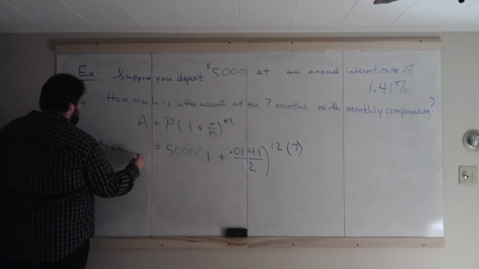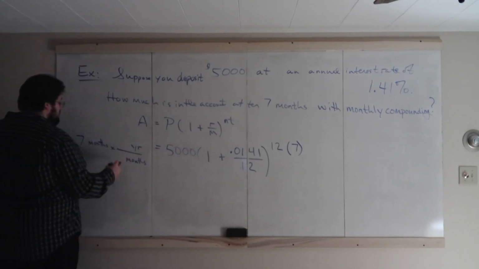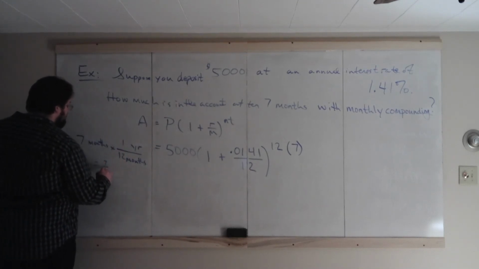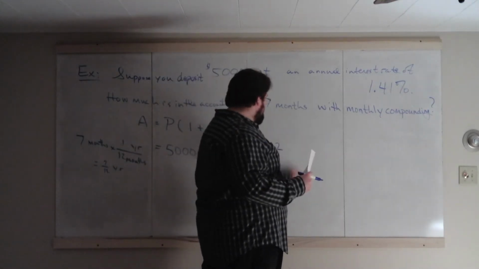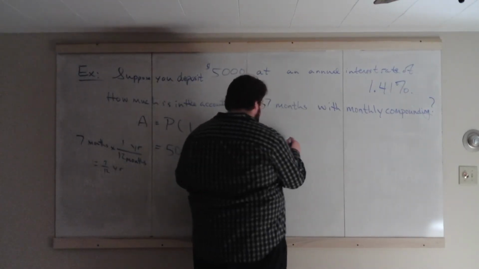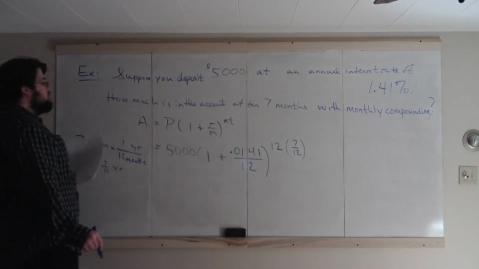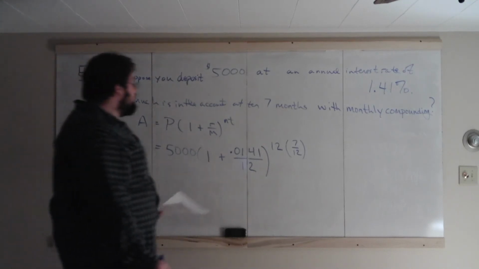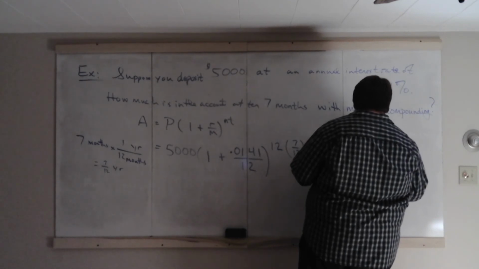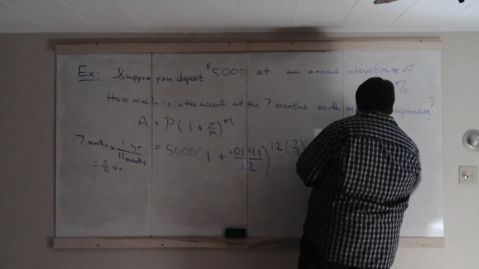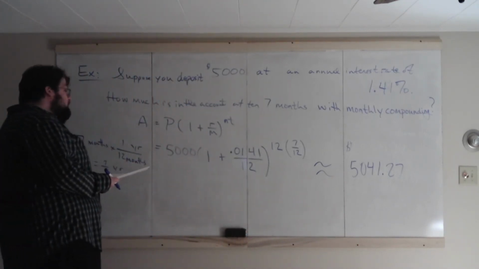There are 12 months in a year, so that gives us 7/12 of a year. So we have 12 times the number of years, which is 7/12. And this number is approximately equal to $5,041.27.